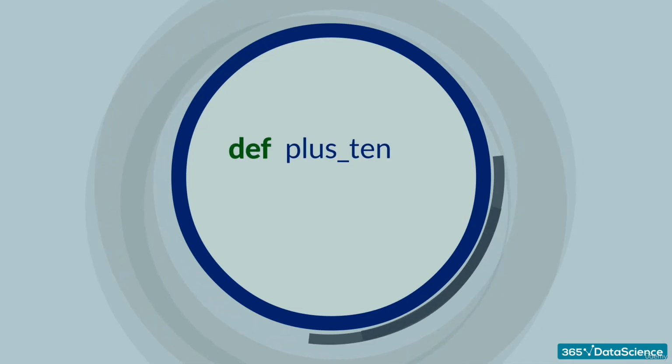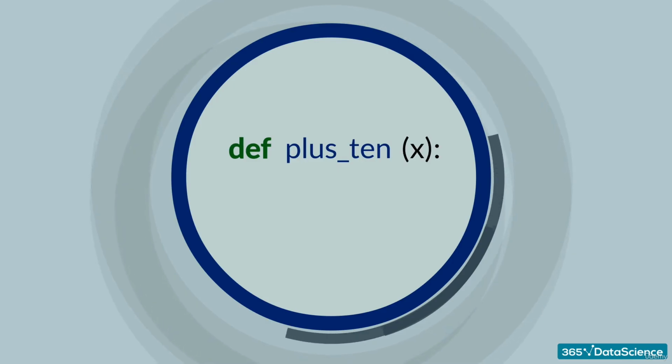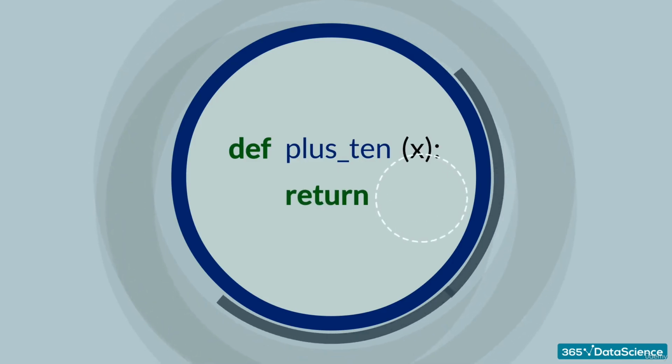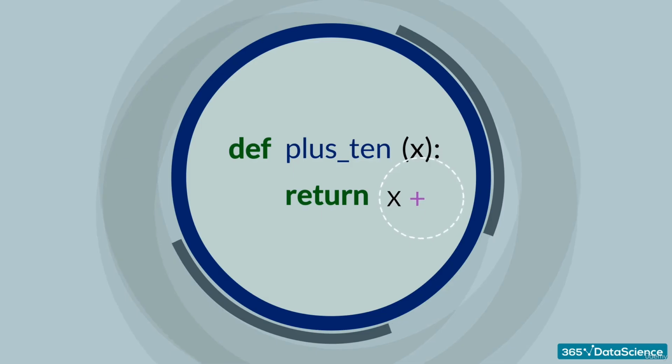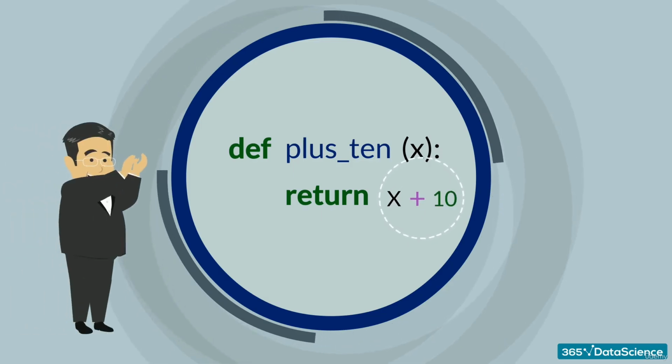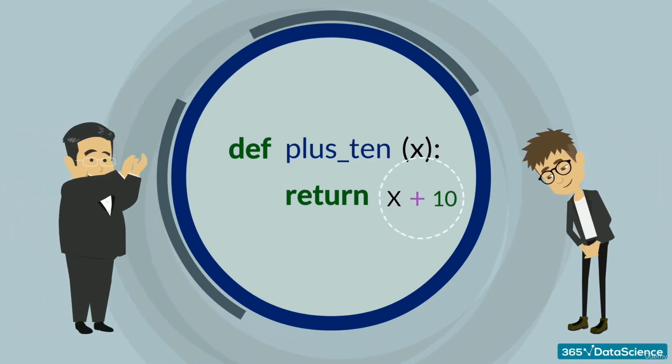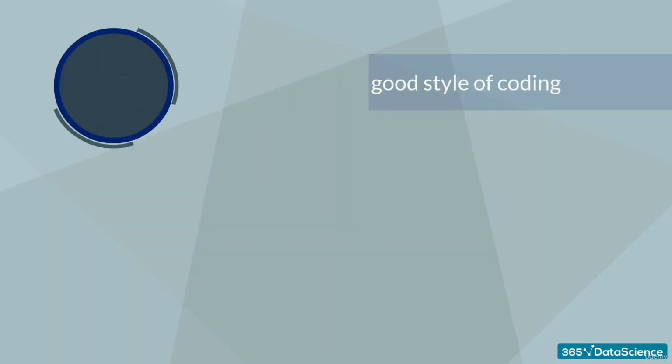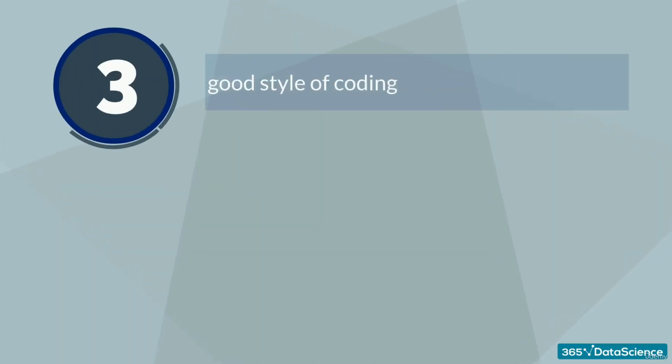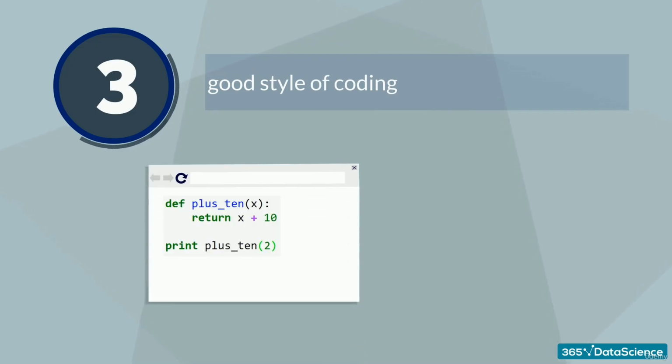First, he must define a function that takes x as an argument and then returns as an output a new variable equal to x plus 10. This is how this problem can be solved. Regardless of the problem you are facing or the programming language you are using, your coding style is crucial. Remember that. Having 3 lines of code is straightforward to understand.